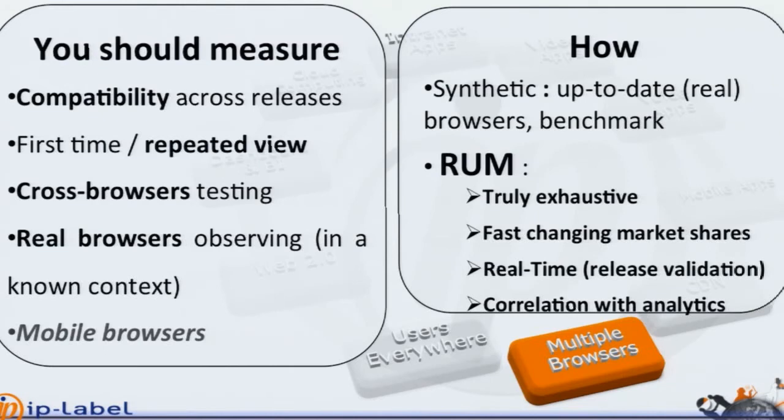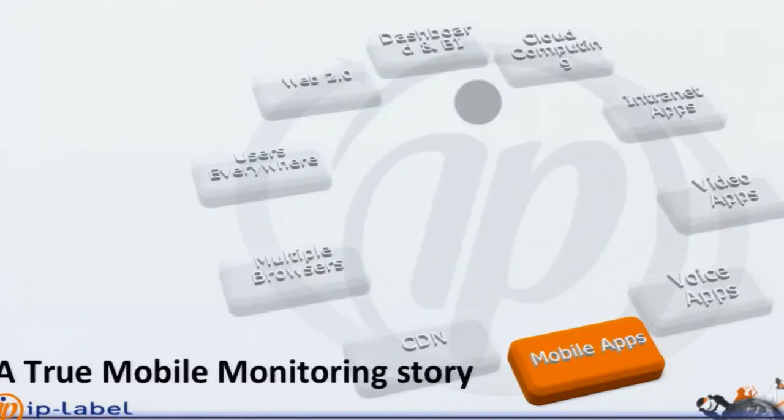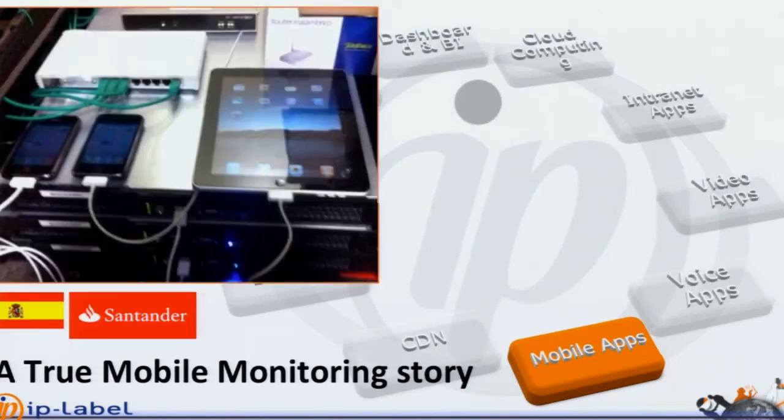Talking about browsers, we also have mobile browsers, because mobile users are also a very critical focus for performance. We have a very good case today in Spain with a bank that decided to benchmark different devices, iPhones, iPads, and different operators.